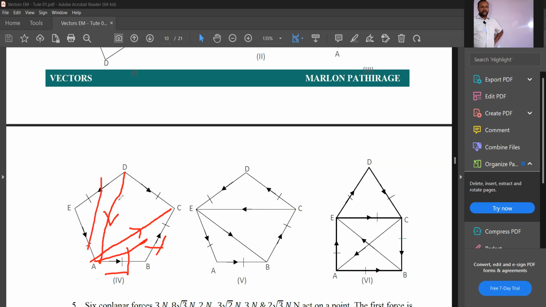If I add DA and EC, it should be DC, no? Now I can remove these two also. If I remove these two, now there are two forces. What are those forces? DC and DC. There are two DCs. So the answer should be 2DC.